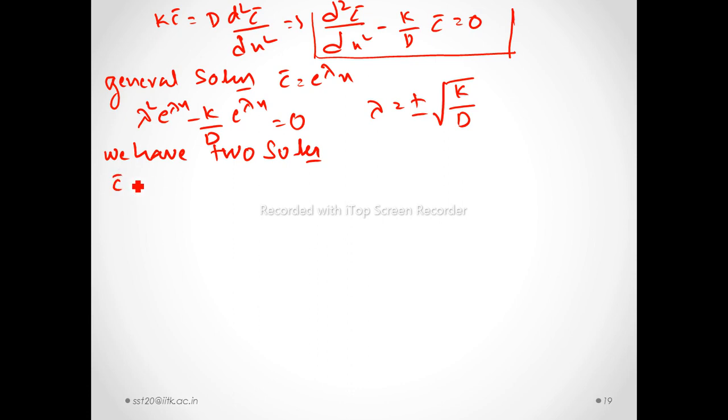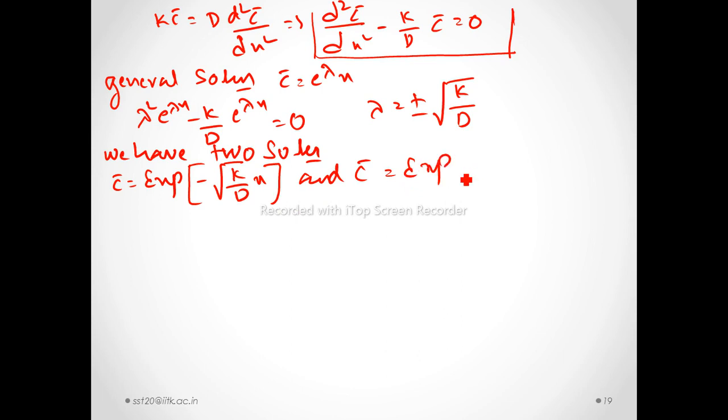That is c bar equal to exponential of root k by d into x, and c bar equal to exponential of minus root k by d into x.